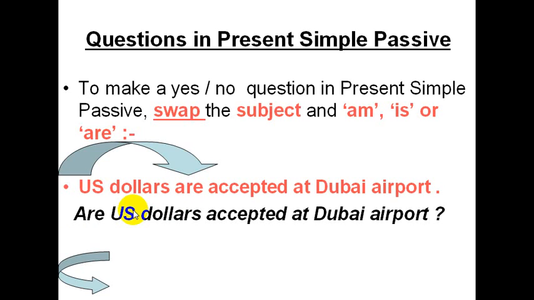The rest of the sentence is still as it is. Just put a question mark at the end to make it a question. Of course. So, are US dollars accepted at Dubai airport? This is a yes no question. Okay. Let us go through another example.